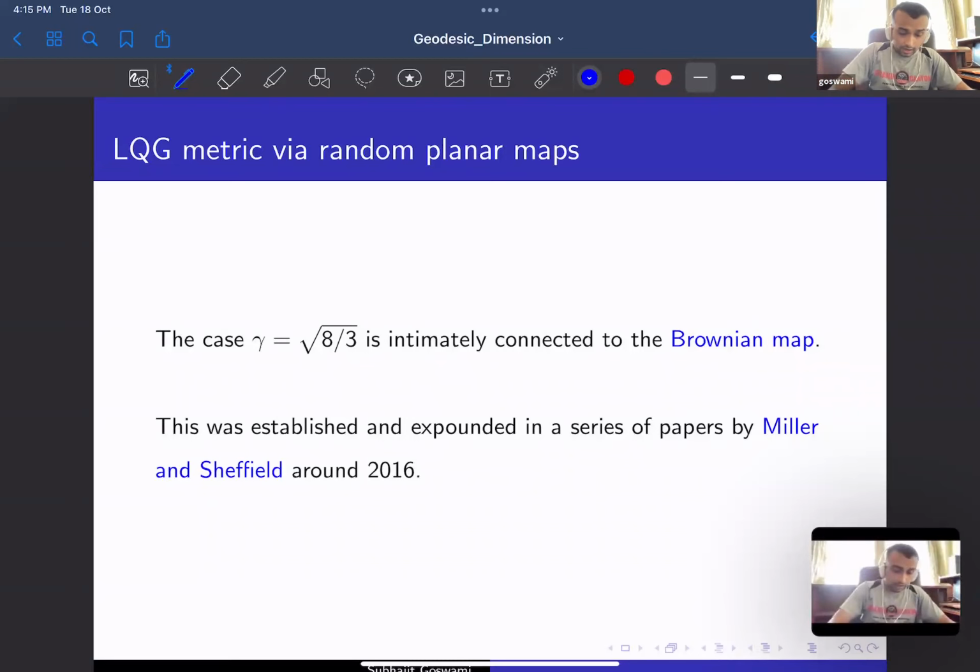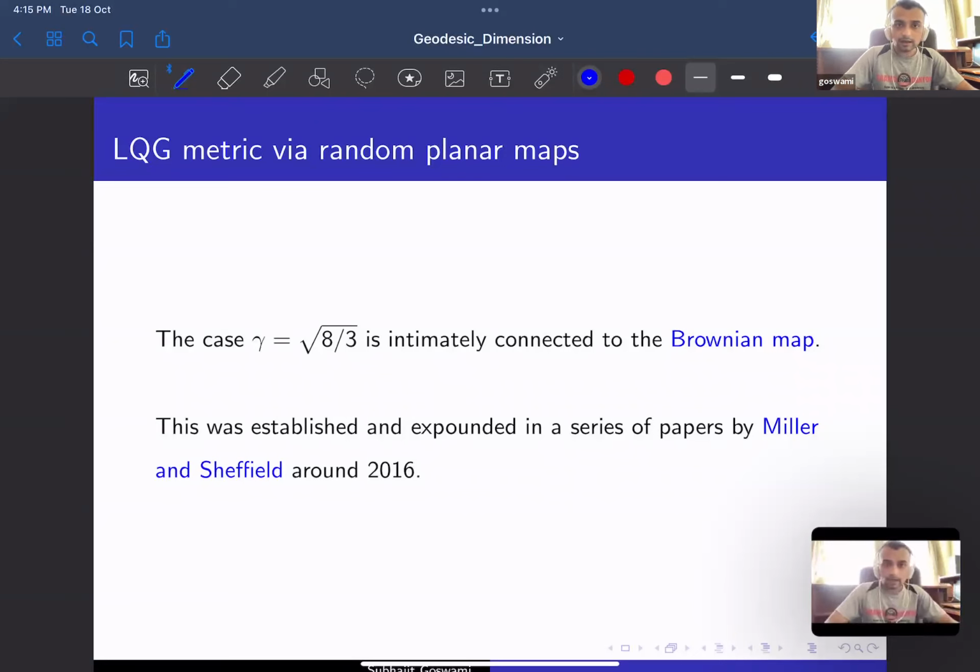Anyway, in these papers by Miller and Sheffield, they established a deep connection with this Brownian map for this particular parameter, gamma equals square root of 8/3. They precisely described this limiting metric measure space and also described the conformal structure, which is a very inherent part of this whole LQG story.